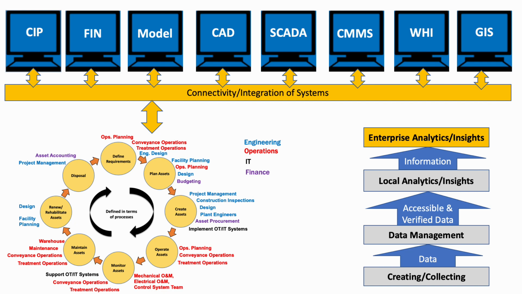The ability to access and analyze data from different systems by stakeholders from different business units that are engaged in different business processes is referred to as enterprise analytics because it serves and benefits the entire organization or enterprise and provides insights that are not limited to a single authoritative system and their users.